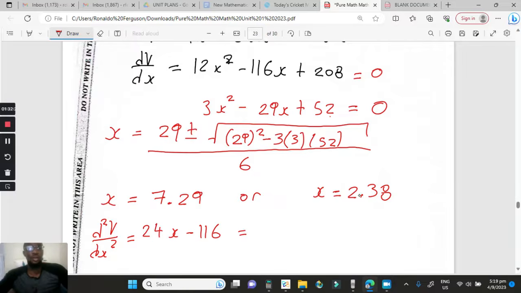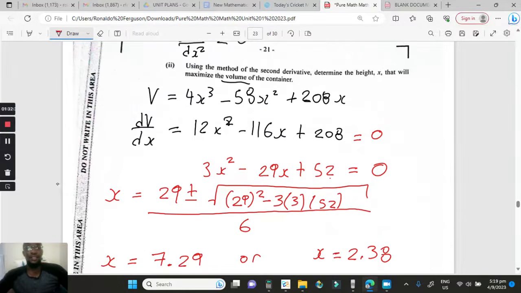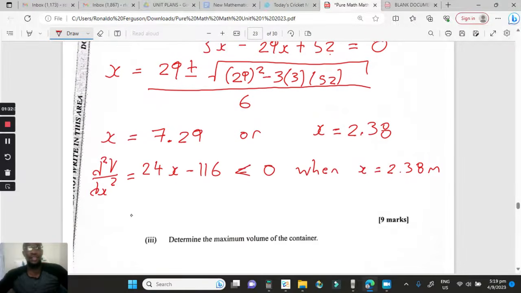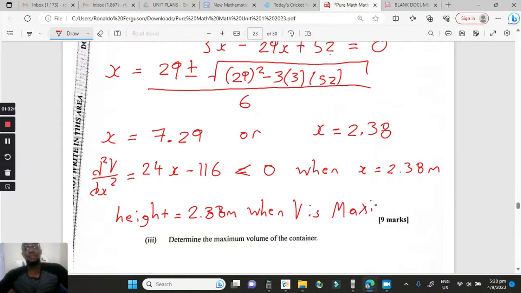So the only way for it to be less than 0 is when x is equal to 2.38. So in that case, determine the height. The height is 2.38 centimeters, and that will maximize the volume. Height is 2.38 centimeters when V is maximum.